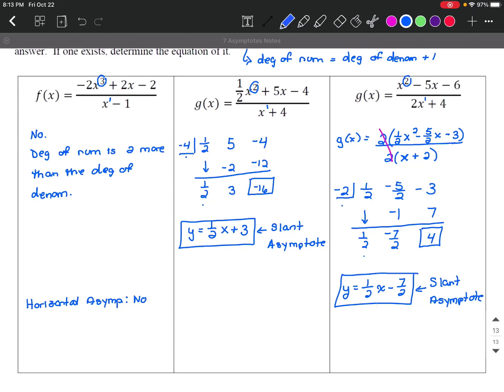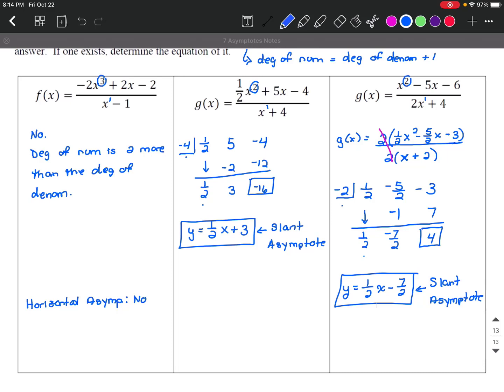If the degree of the top is bigger, the top of the fraction gets bigger faster than the bottom, there is no horizontal asymptote. If the degree of the top is the same as the degree of the bottom, then your horizontal asymptote is y equals the leading coefficient of the top over the leading coefficient of the bottom.